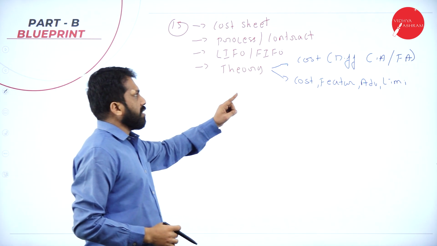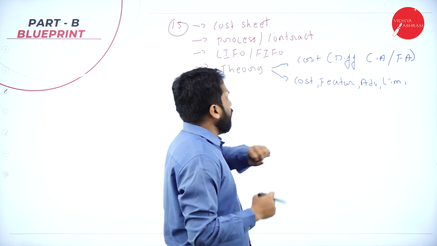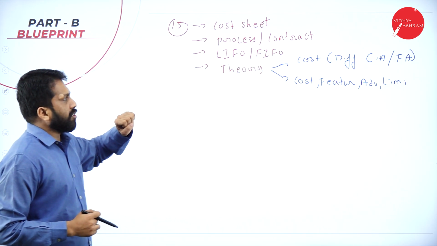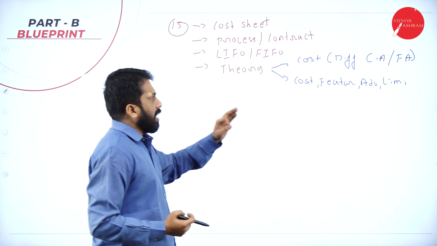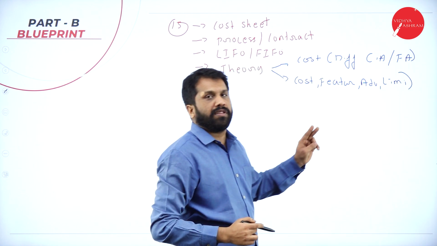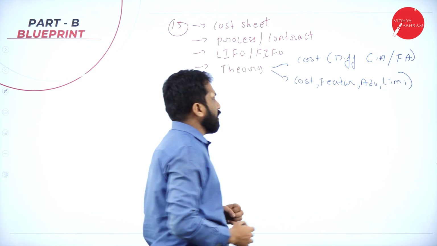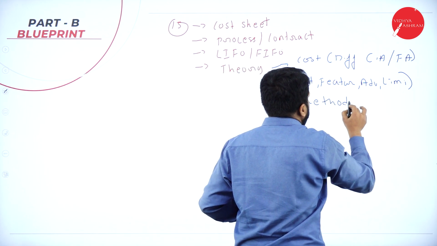One will be the difference between costing and financial accounting. The second one, what is cost accounting, features, advantages and limitations of cost accounting. And one more I can give you, don't take risk: methods of costing.